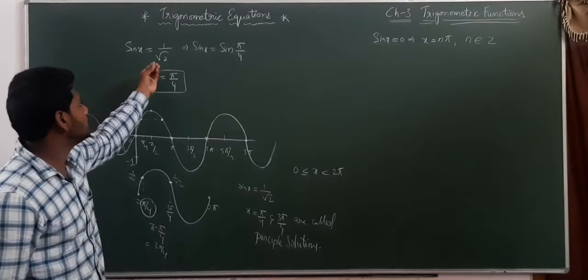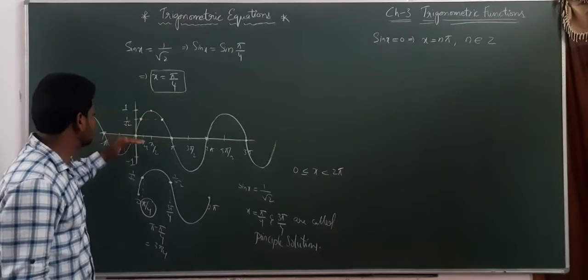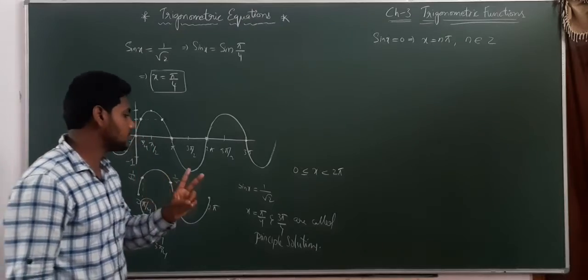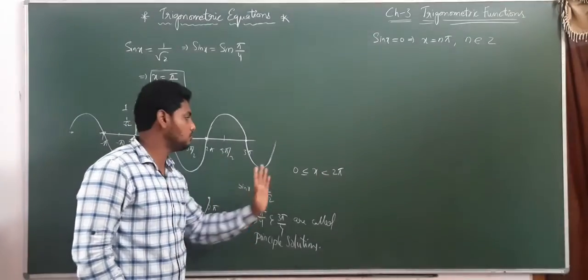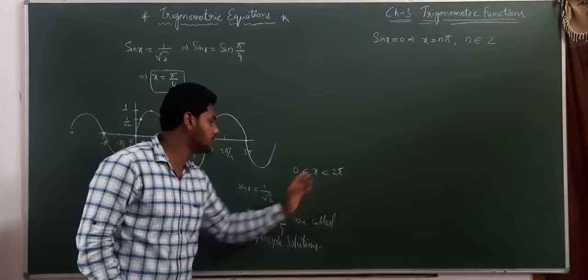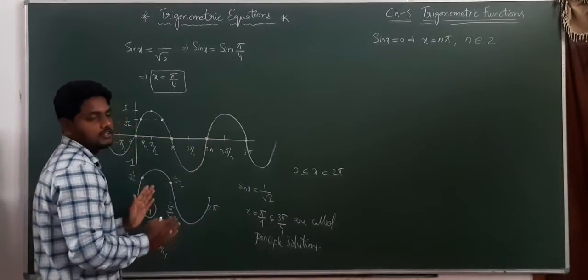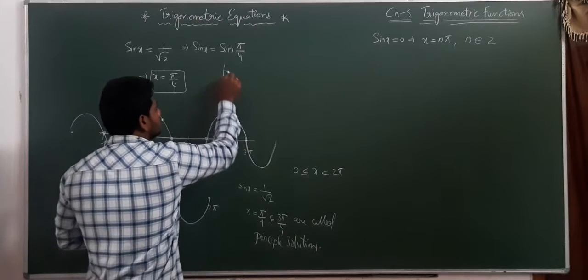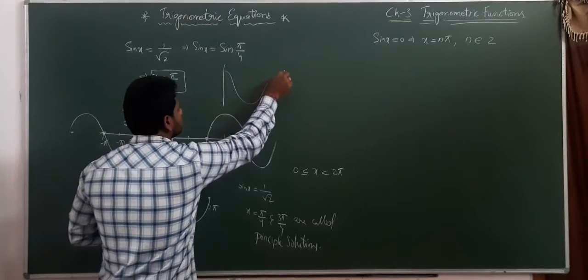Whatever you take, sin x equal to that in between that range minus 1 to 1, whatever value you take, definitely you will get two solutions, and those two solutions only should be in between 0 comma 2 pi in this particular interval. This is about a sine function, and when it comes to cos it is also like this, right?